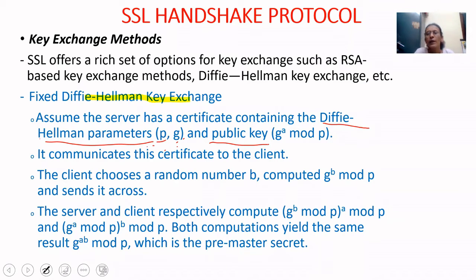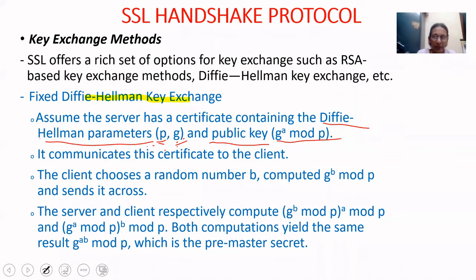Now G to the power of A mod P is the public key. So the certificate contains P, G, and G to the power of A mod P. This is sent from the server to the client.